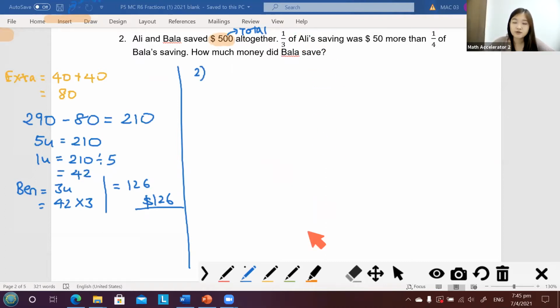Now, 1/3 of Ali's savings is $50 more than 1/4 of Bala's savings. How much money did Bala save? First step, draw the model for Ali and Bala.